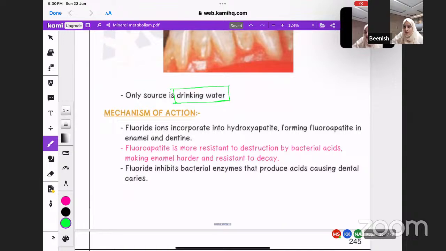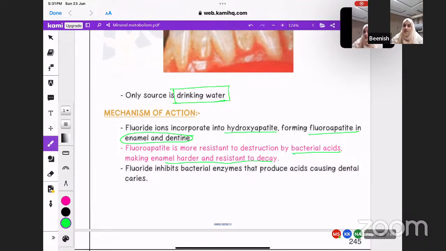Now, for the mechanism of action, fluoride is forming fluoroapatite in enamel and dentine. And this fluoroapatite is more resistant to destruction by bacterial acids, making enamel harder and resistant to decay. So what is it trying to say? That fluorides are basically forming fluoroapatite in the enamel, which is providing strength to the enamel.